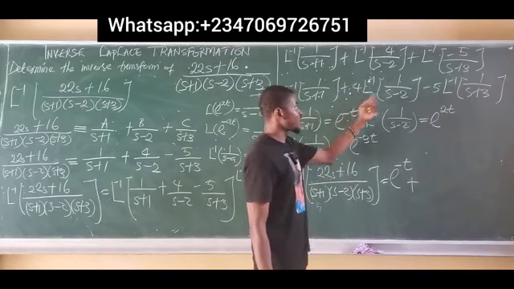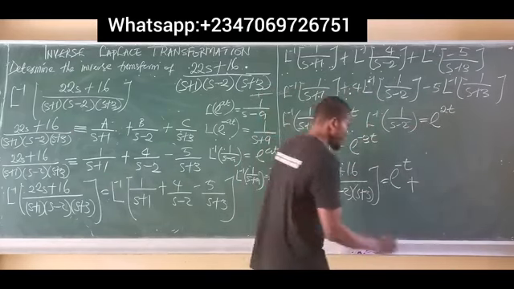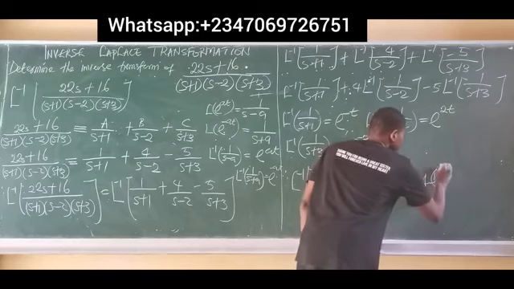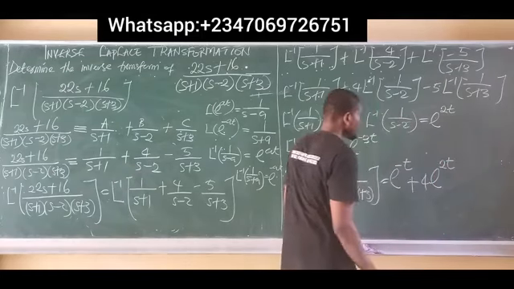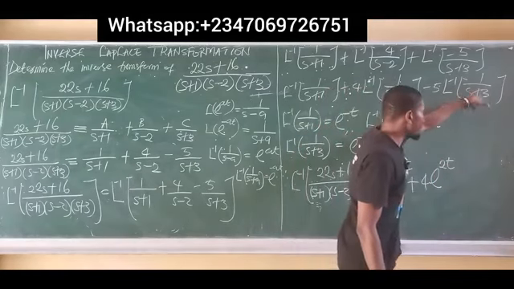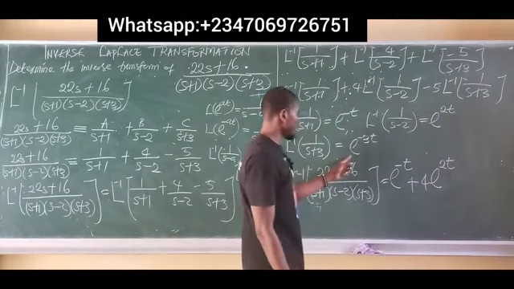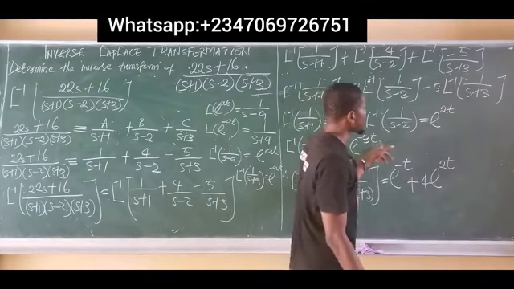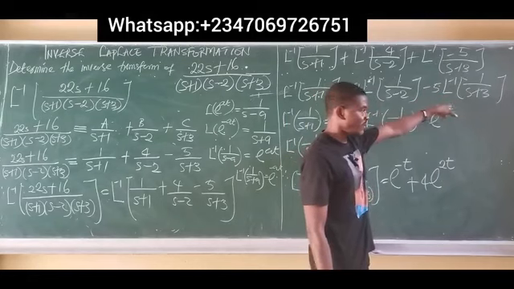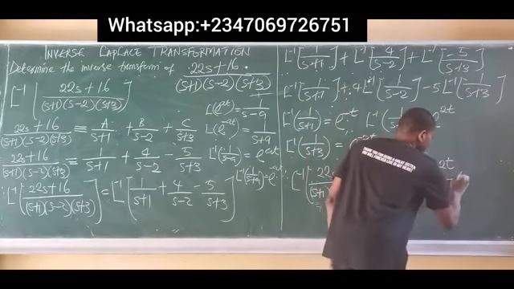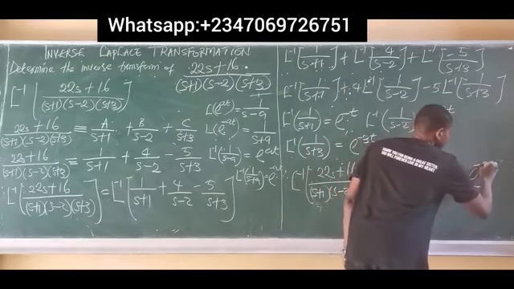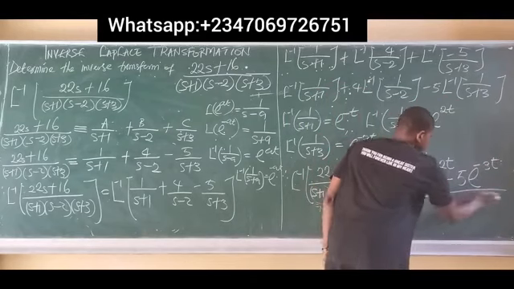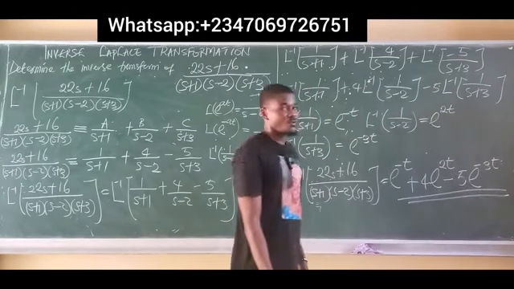But there is a 4 attached to it, so this gives us 4e^(2t). Also, the Laplace inverse of 1 over s + 3 gives us e^(-3t), but not forgetting we have -5 times that, so this is equal to -5e^(-3t). That becomes the answer to the given question.